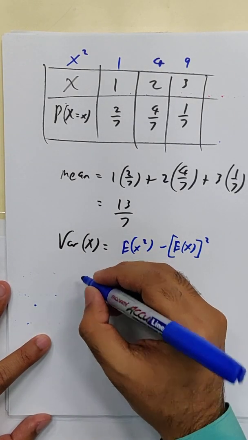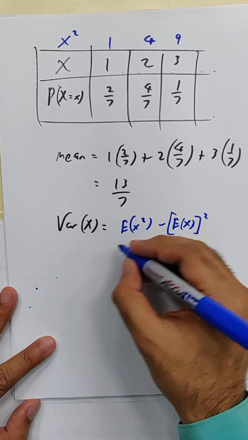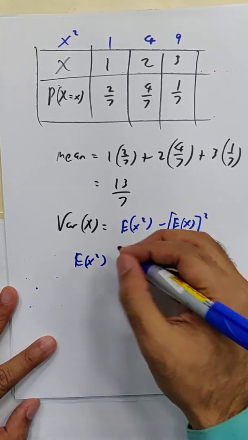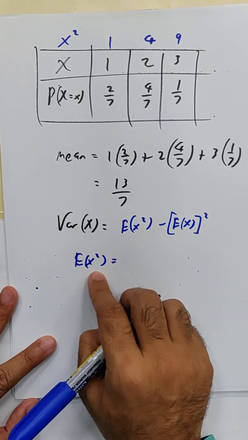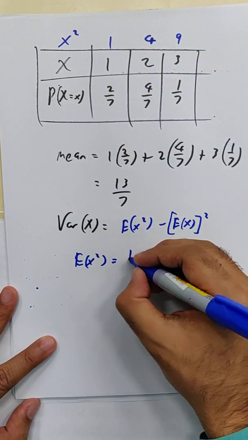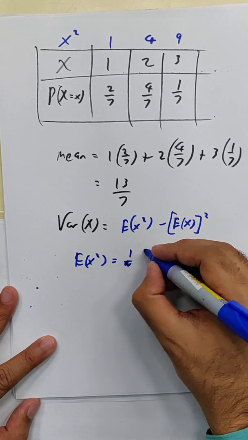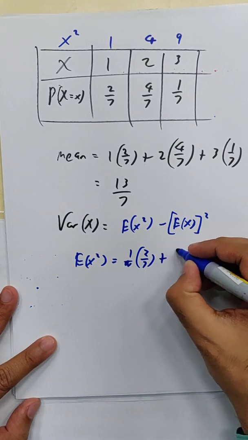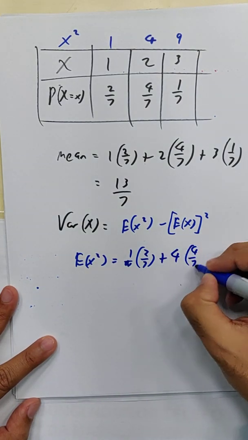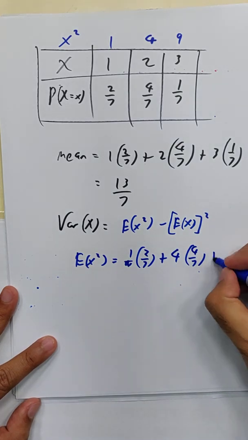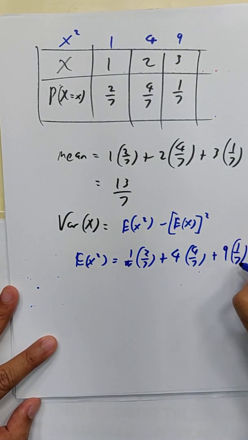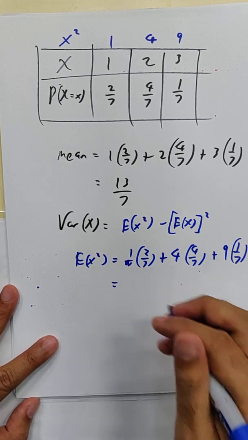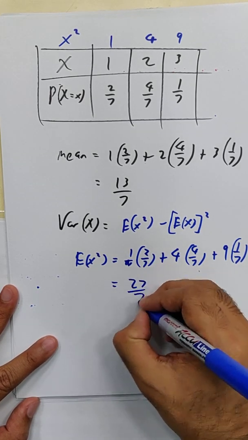Sometimes we might want to do it separately. You calculate E(X squared) first. So how do you get this one? 1 times 2 over 7, 4 times 4 over 7, and 9 times 1 over 7. Which will give you 27 over 7.